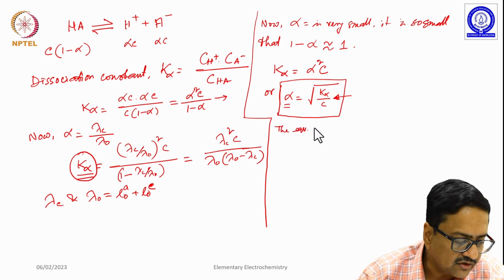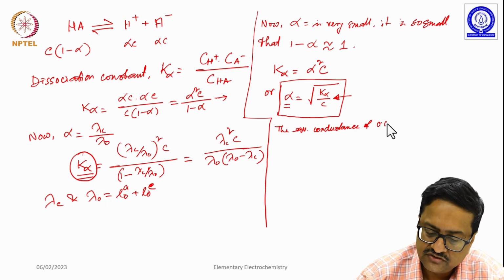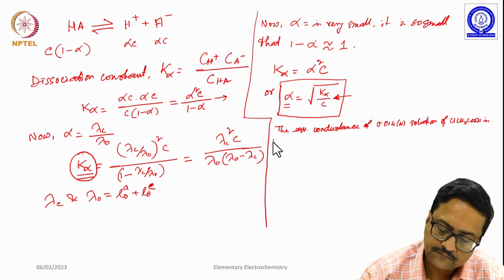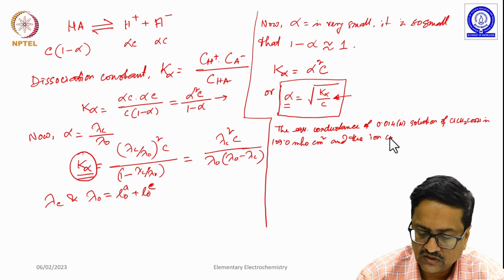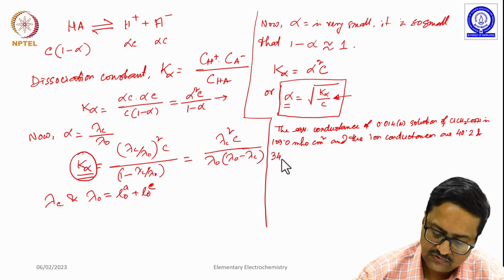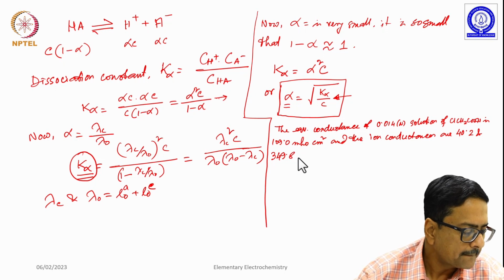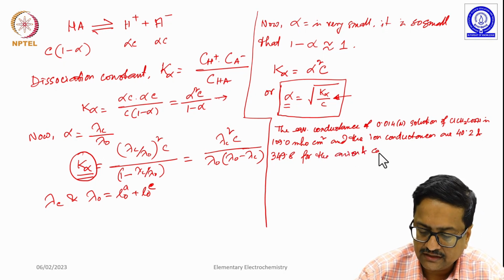The equivalent conductance of 0.014 normal solution of chloroacetic acid is 109.0 mho centimeter square per equivalent, and the ion conductances are 40.2 and 349.8 for the anion and cation.